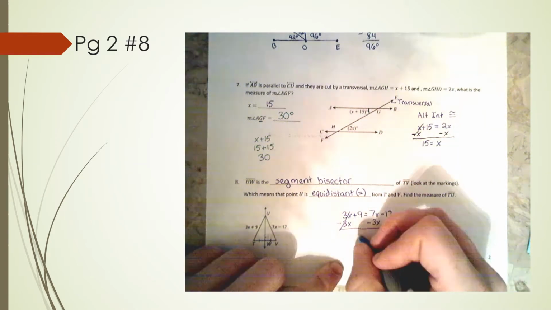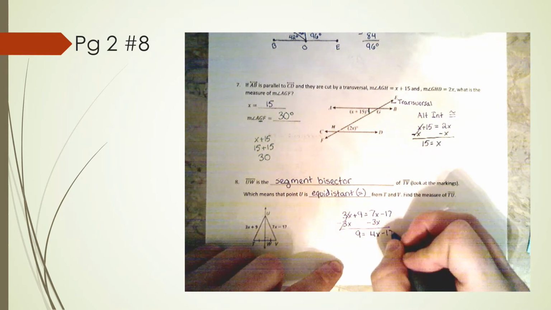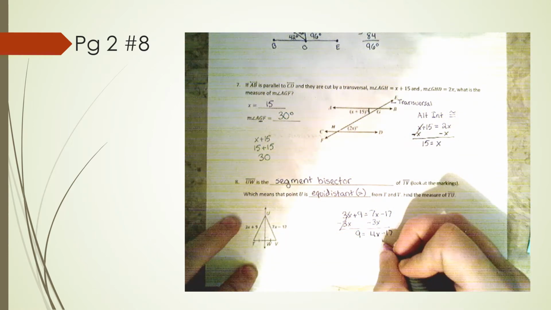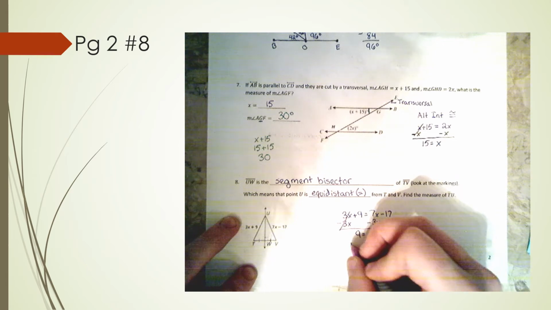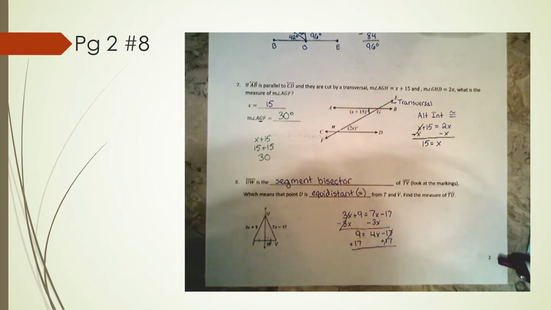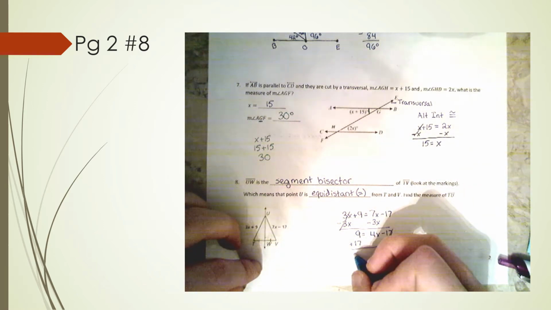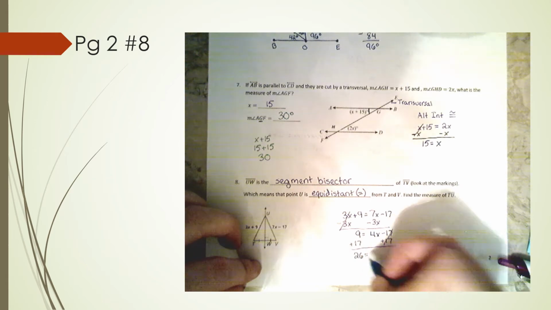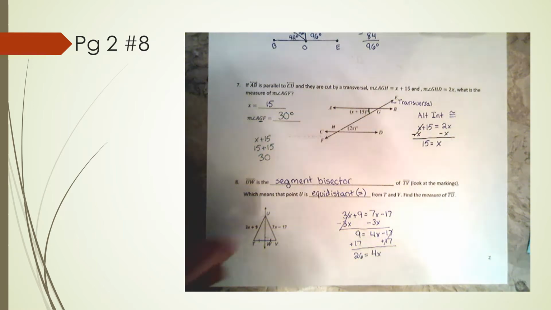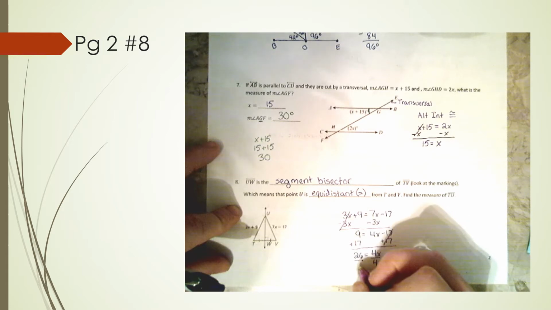And now I have 9 equals 4x minus 17. Next, I want to add 17 to both sides so that it cancels out over here. And I am going to get 26 equals 4x. Well, x is still not by itself, so what I'm going to do is divide by 4.